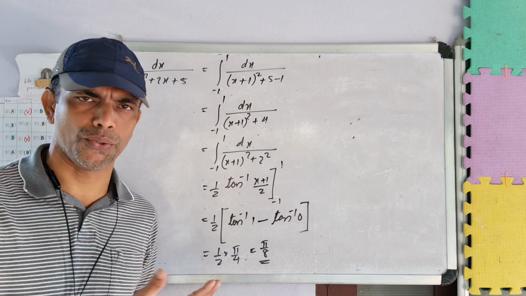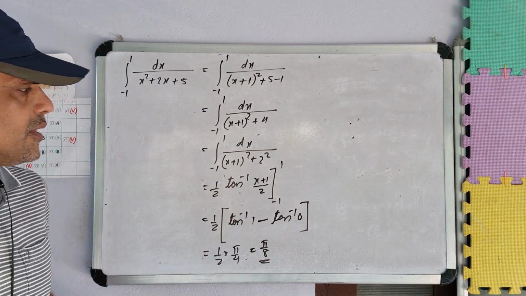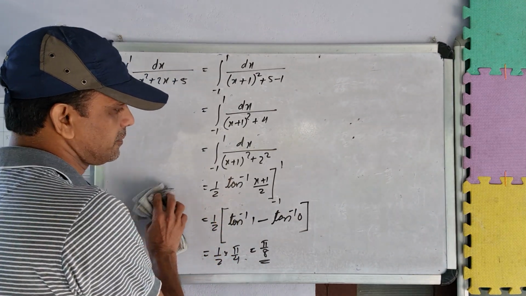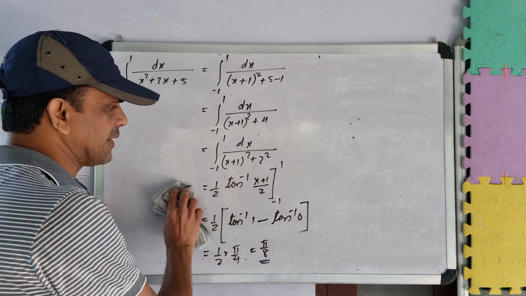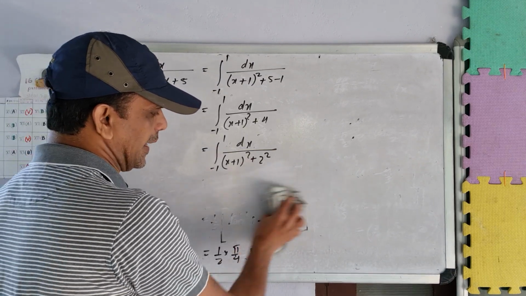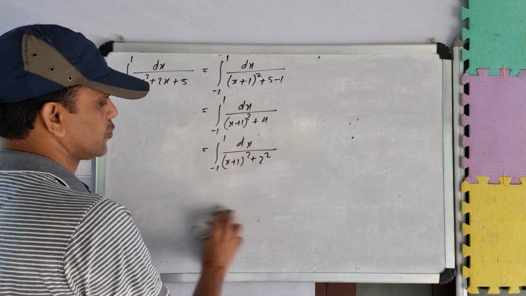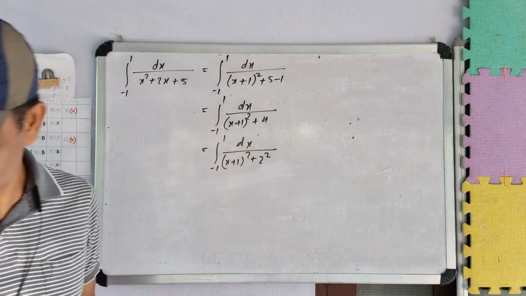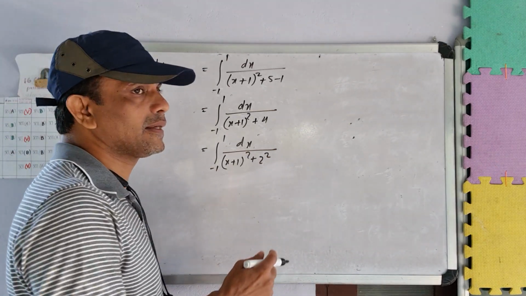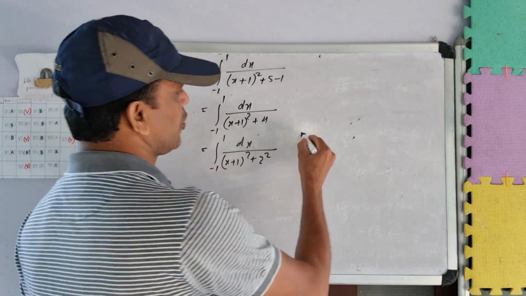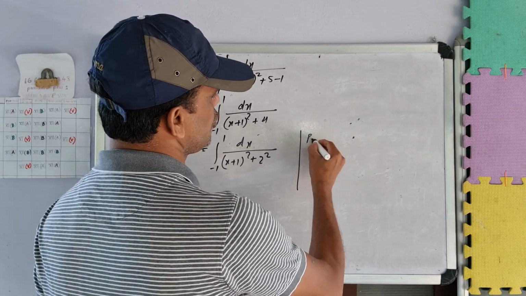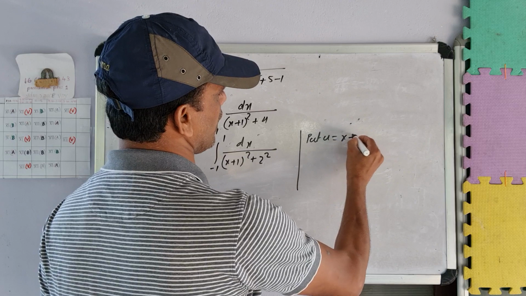There's no problem when you solve it like this. But there is one more technique to solve this one. They want you to solve this problem like this, because they think this is a substitution problem. So we put u equals x plus 1.